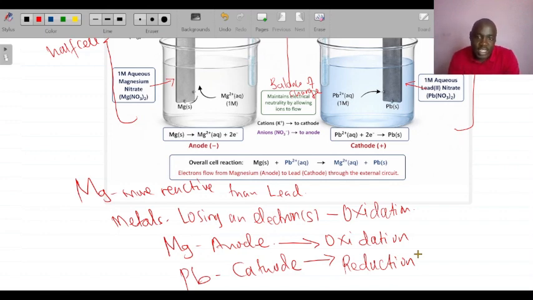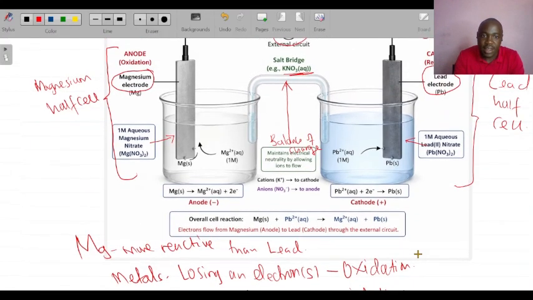So in this case, without referring to the standard reduction potentials, I can assign the anode and the cathode by looking at the reactivity, or in terms of which one can lose an electron more readily than the other.